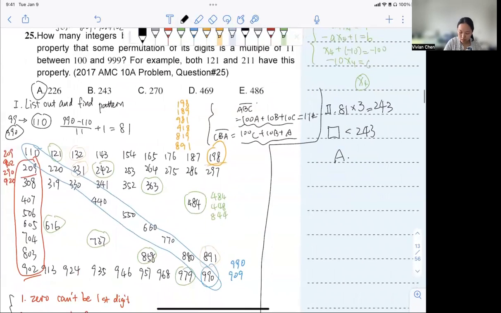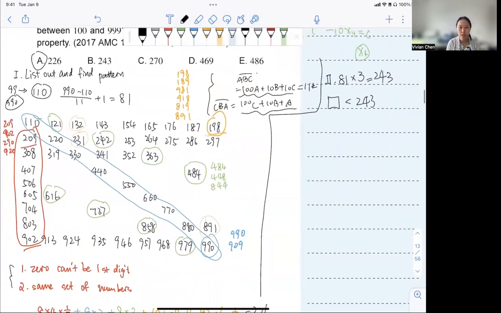And adding to that, if you don't use this here, you only know that for an average number, if it doesn't have zero, it will on average have 3 permutations. So now you only need to pick out those that have zero and subtract them.